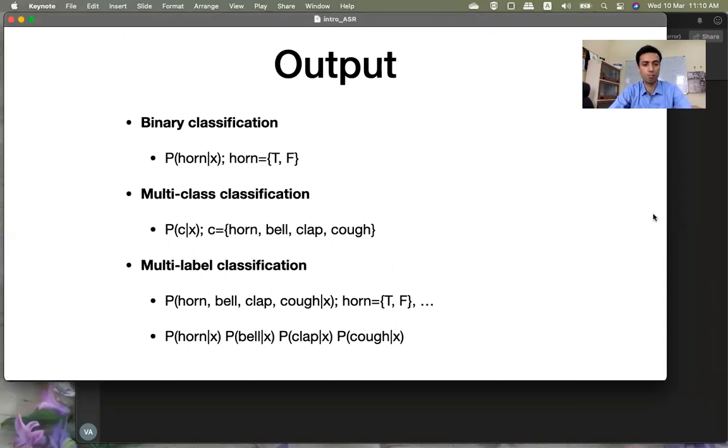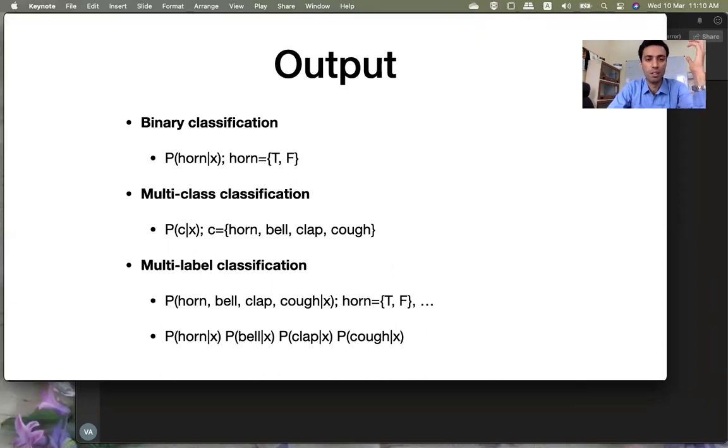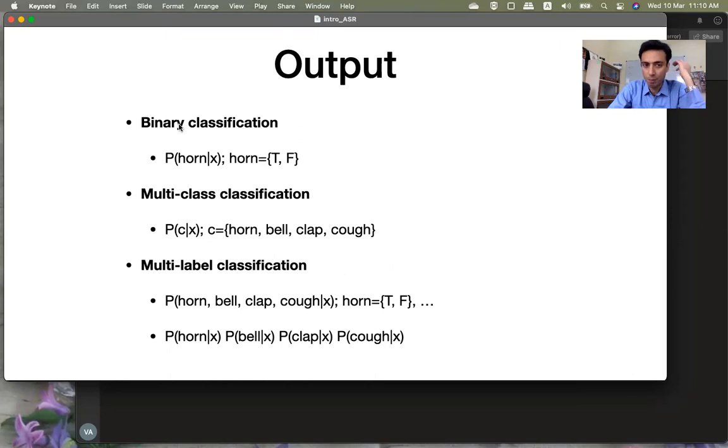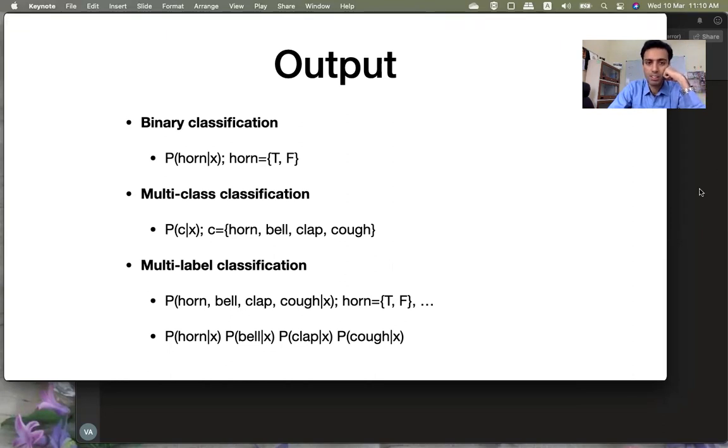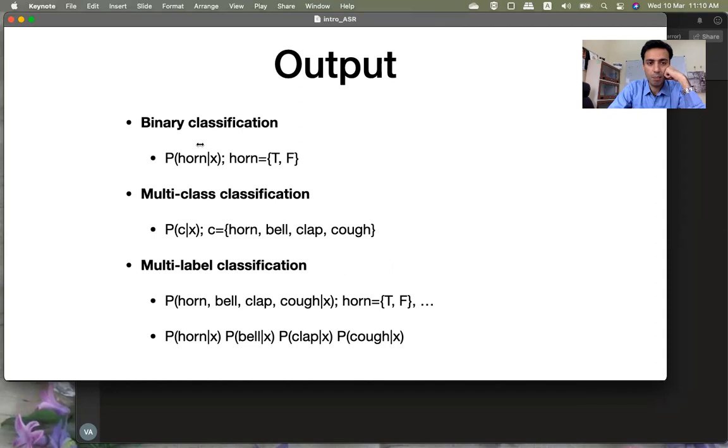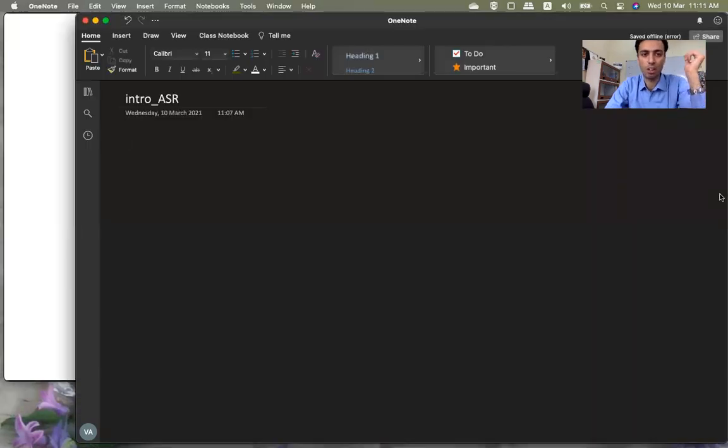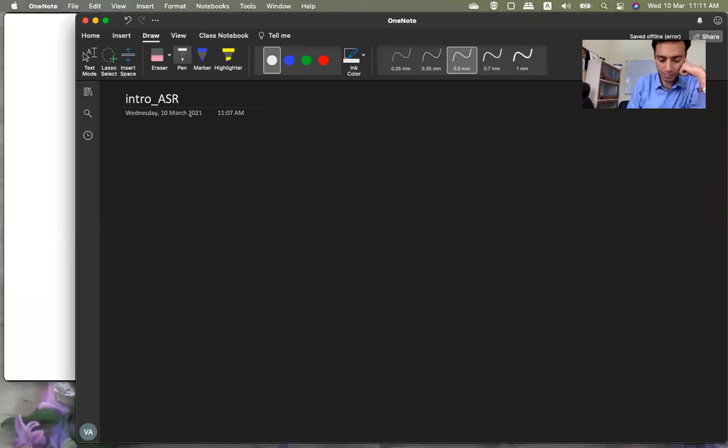So here you have one problem: given this sequence, just tell me whether a given sound, let's say horn, is present or not, right? We call it a binary classification problem. Given this sound, it could be silence mostly.